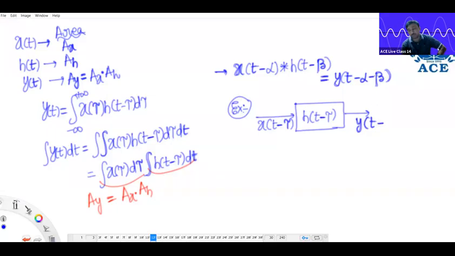Tau plus tau, that is, alpha plus beta, means overall 2 tau. So the output is shifted by 2 tau.